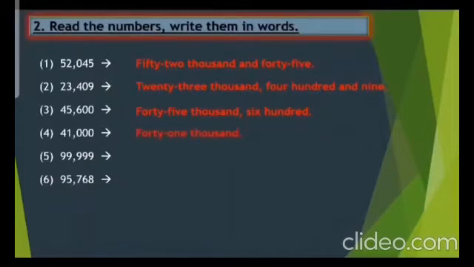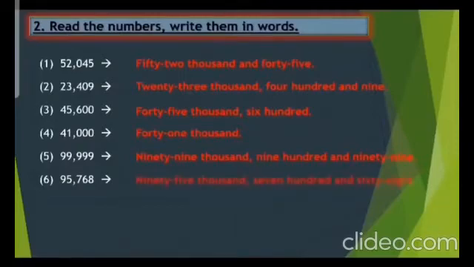The fifth question is 99,999. And the last question, question number 6, is 95,768. This question number 2 also you have to write down in your math notebook neatly, leaving one line, in good handwriting.